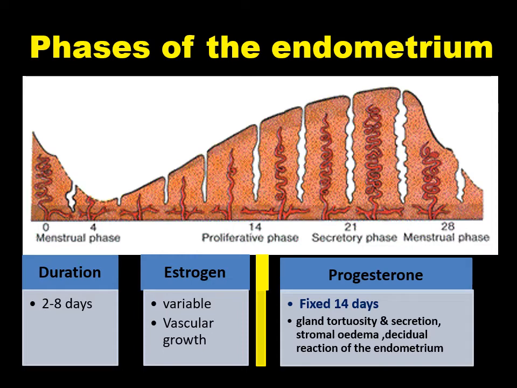Remember, always and always, the second phase of the cycle is fixed at 14 days. The length of the menstrual period relies on the changes in the first phase, which is the proliferative or the follicular phase. The secretory phase or luteal phase is always fixed at 14 days.